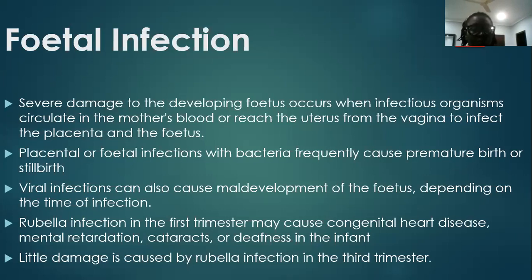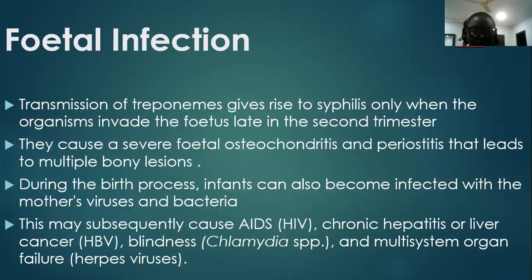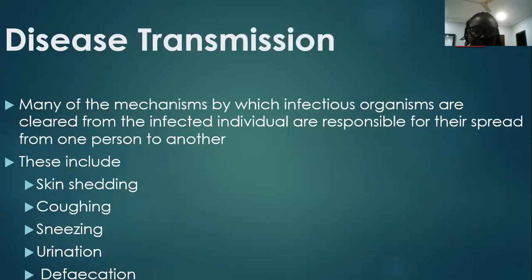So let's use rubella as an example. Rubella infection in the first trimester can cause a congenital heart defect. But if you have the same rubella affecting the mother during the third trimester, it causes little damage. Okay. Let me say one more thing about fetal infection before we talk about disease transmission.